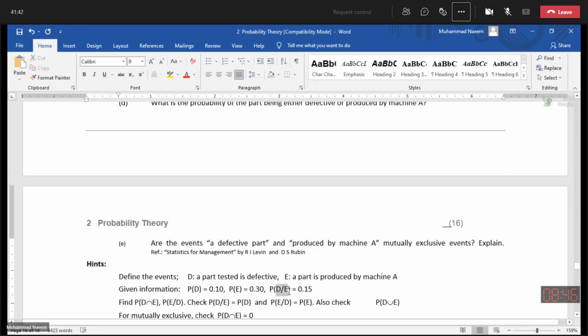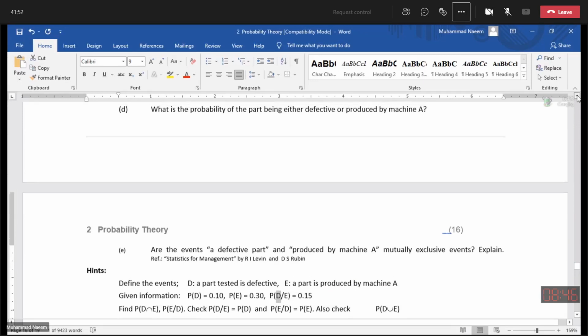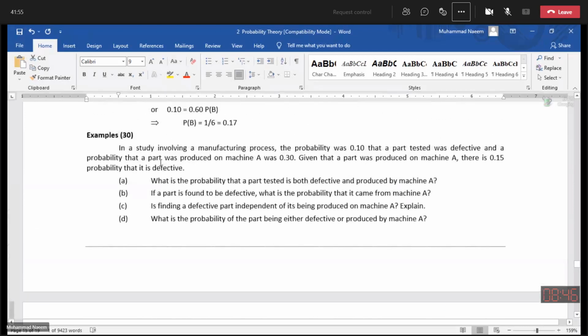D given E. E occurs first, and we find the probability of D. Given that the part is produced by machine A, this is our event E. It is attached with given that, so this event is performed first.